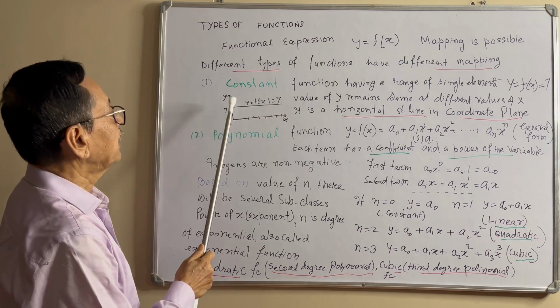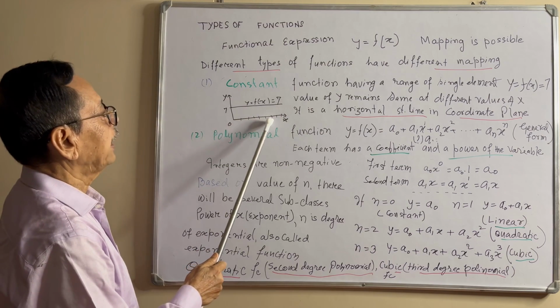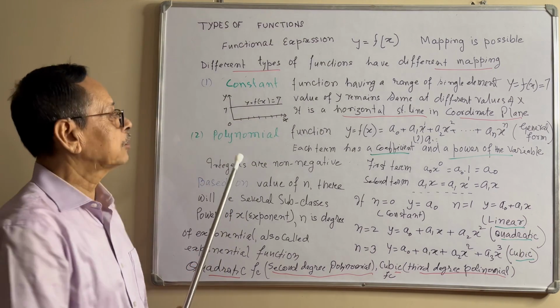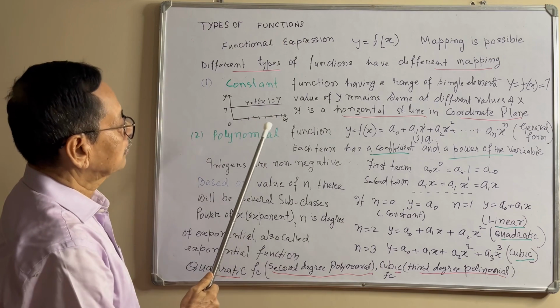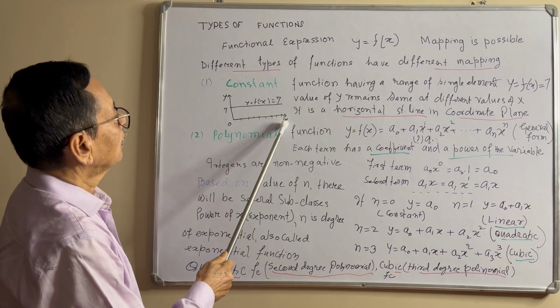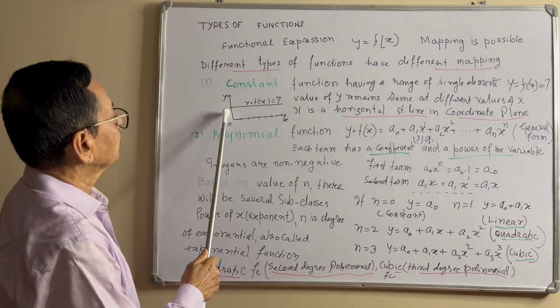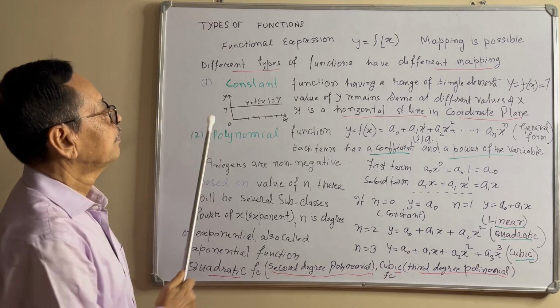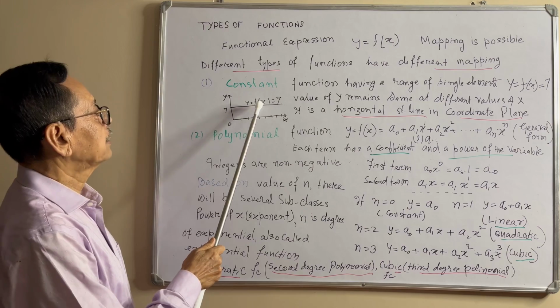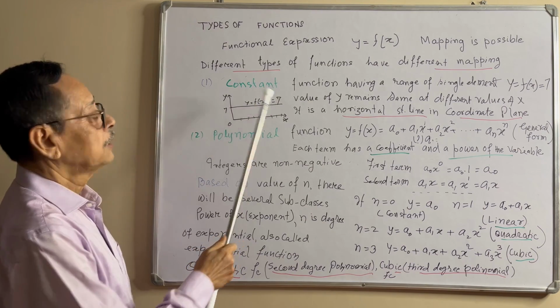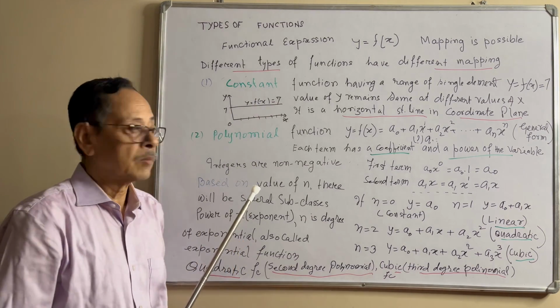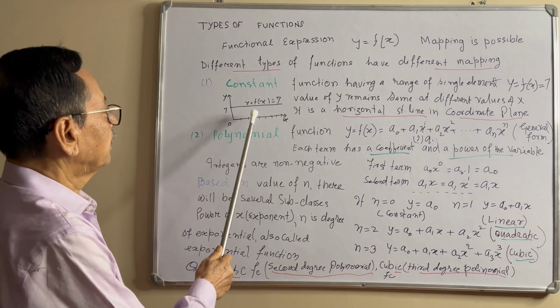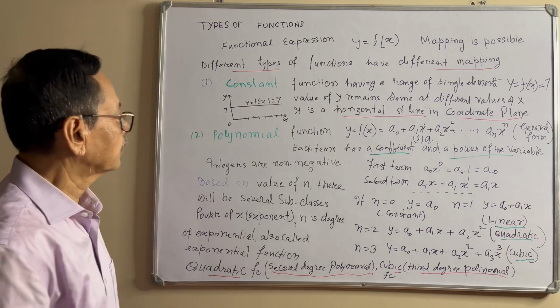So y is 7. At different levels of x, the value of y will remain the same. So this is the representation: y is a function of x is equal to 7. So it is a constant function.